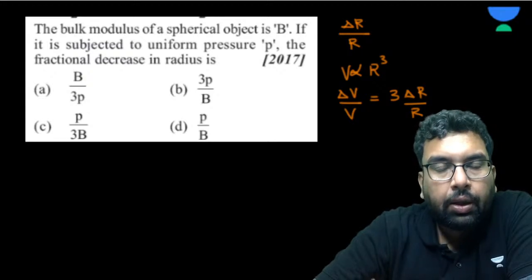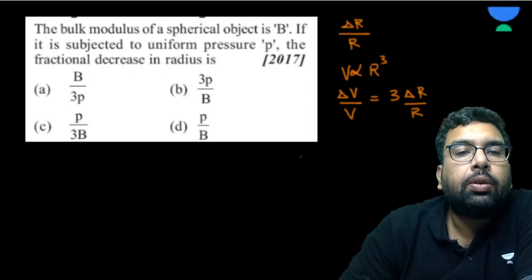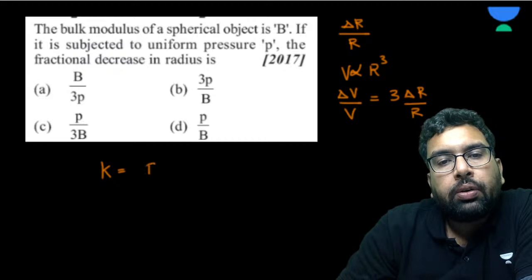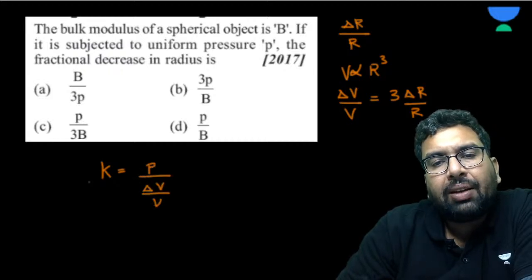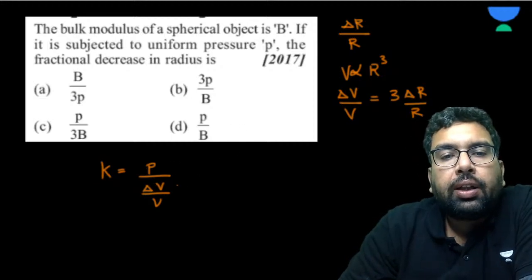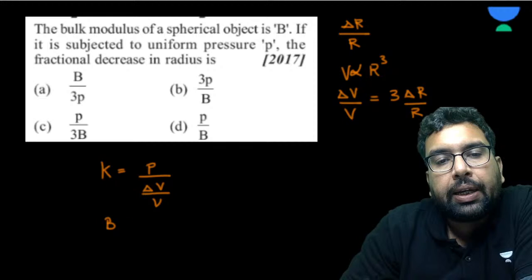Okay, let me do it. So it says the bulk modulus of a spherical object is B. So we know bulk modulus is pressure upon delta V by V with a minus sign, but we can ignore the minus here in the context of the question. Now delta V by V is 3 times delta R by R. So they are calling this bulk modulus B, right?